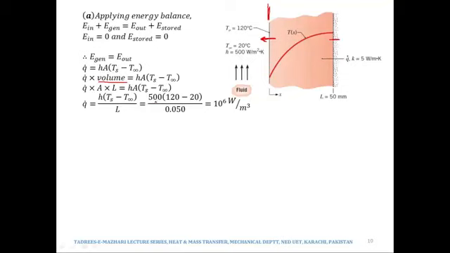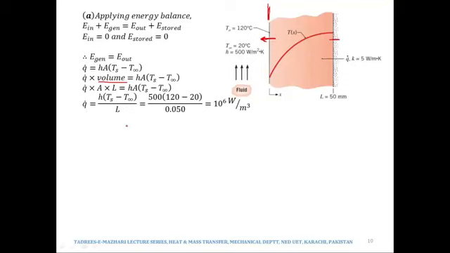So we know h as 500, we know Ts as 120, and we are given T infinity as 20. The thickness of this wall is 0.050 meters, 50 millimeters. So we get 1 million watts per cubic meter as Q dot.